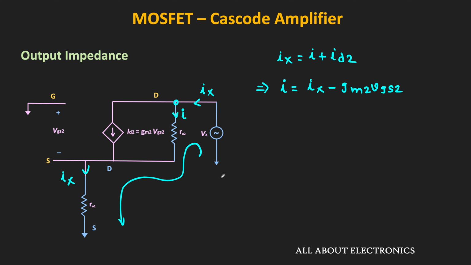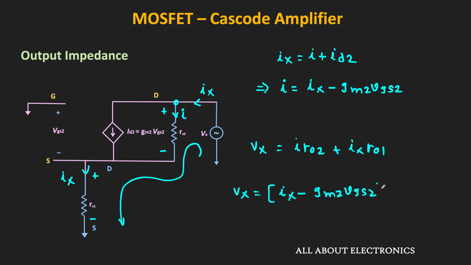We can write the voltage Vx is equal to I times R02, the voltage drop across R02, plus Ix times R01. Or we can say Vx is equal to (Ix minus gm2 times VGS2) times R02 plus Ix times R01.